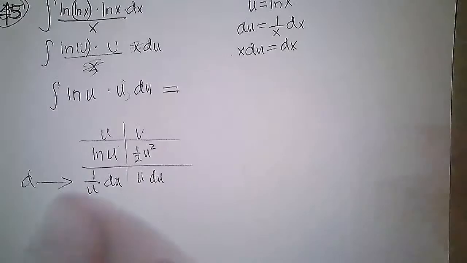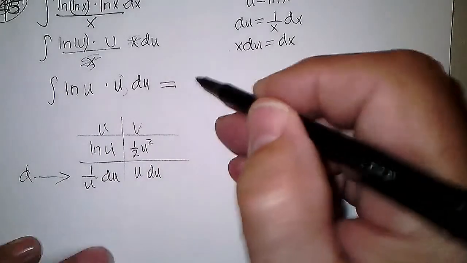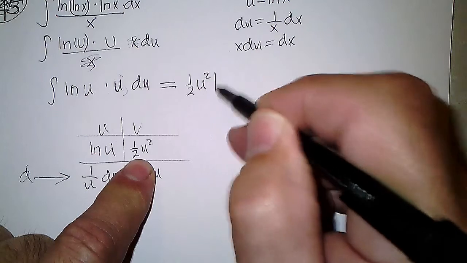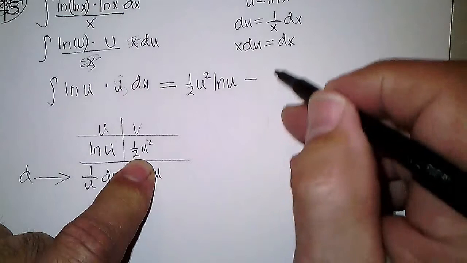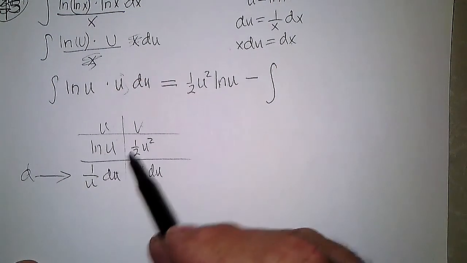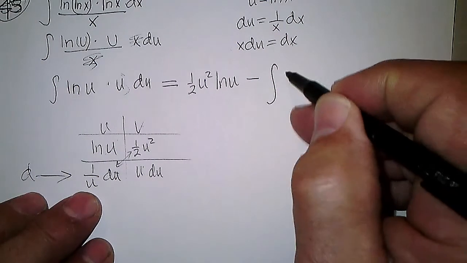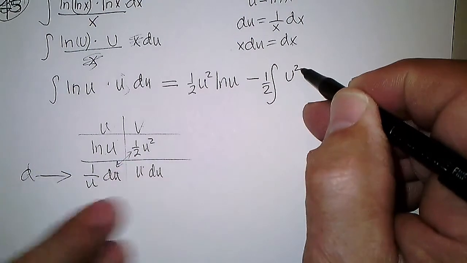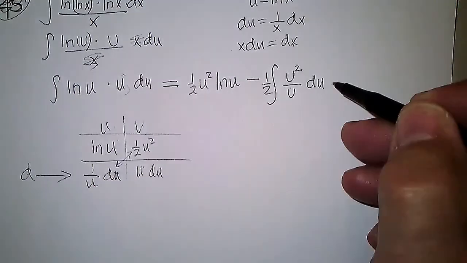So following the integration by parts rule, this would become uv, 1/2 u squared ln u, minus the integral of, we started with those two, so we're going to these two, 1/2 u squared times 1 over u du.